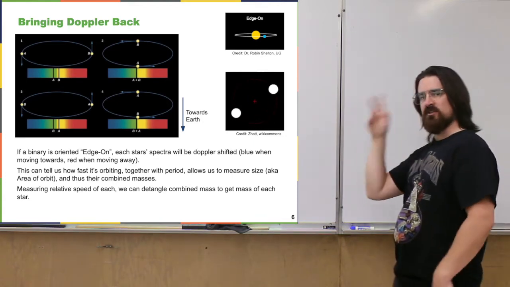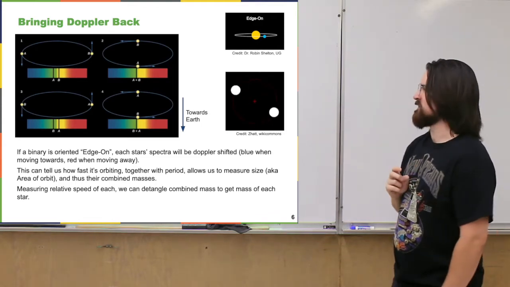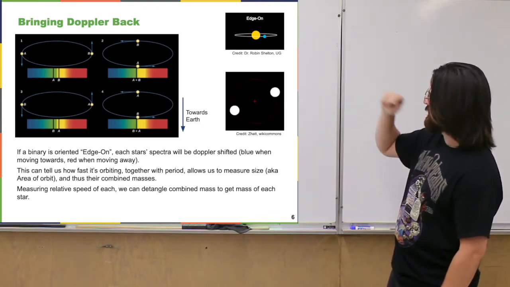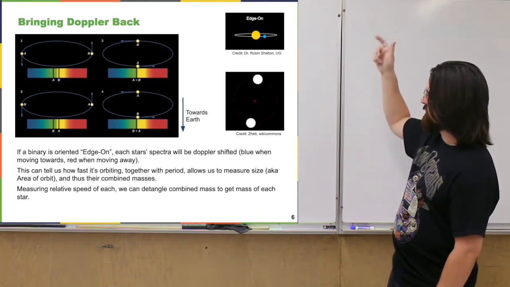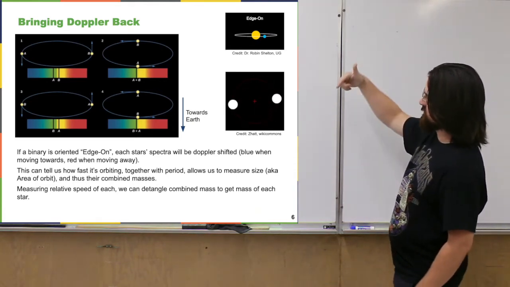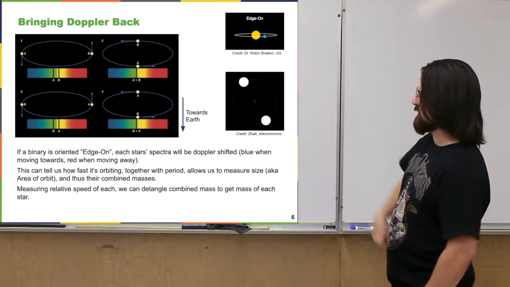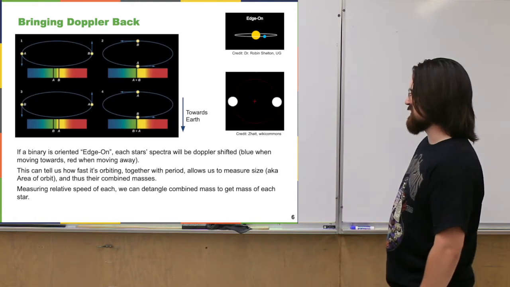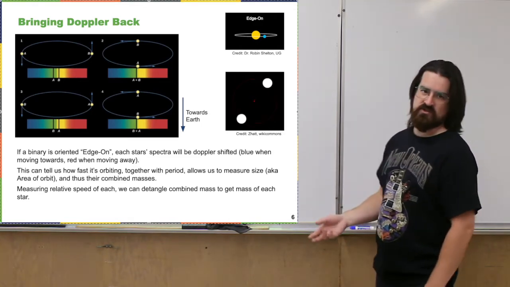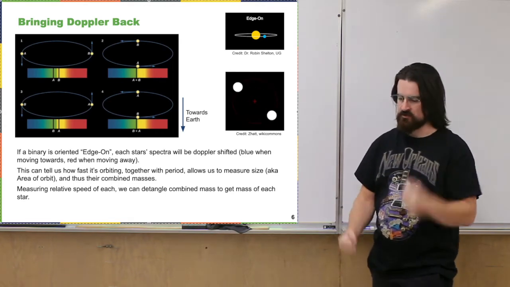And how much that shift is directly related to the speed of that object. So when a star system is edge-on, we see one of those stars coming directly at us, the other one going directly away from us, and we can get information about their individual speeds that way, which again just allows us to disentangle the information about the mass. Right? Then you get the individual masses.